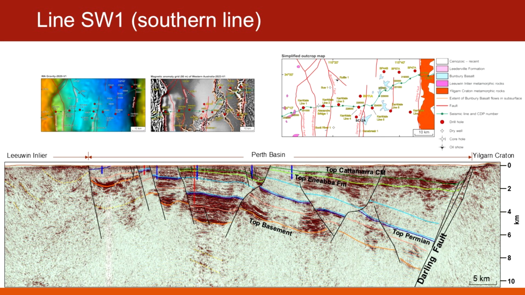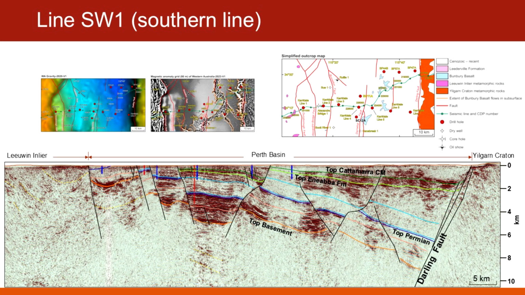It intersected the basement, and it gives us a bit of a constraint on how thick some of these packages should be. So it can be tricky when you're dealing with basement terrains that are metasediments. Sometimes they look like the basin above.